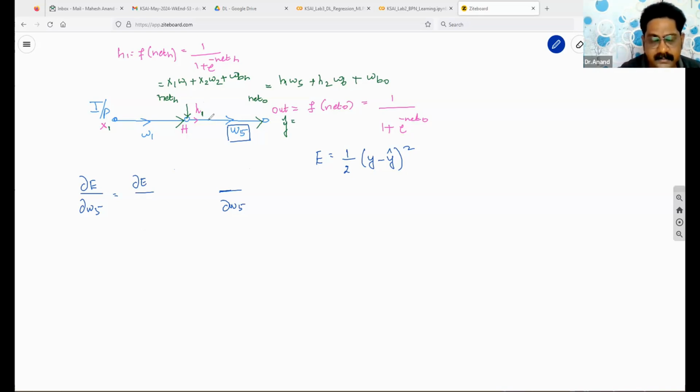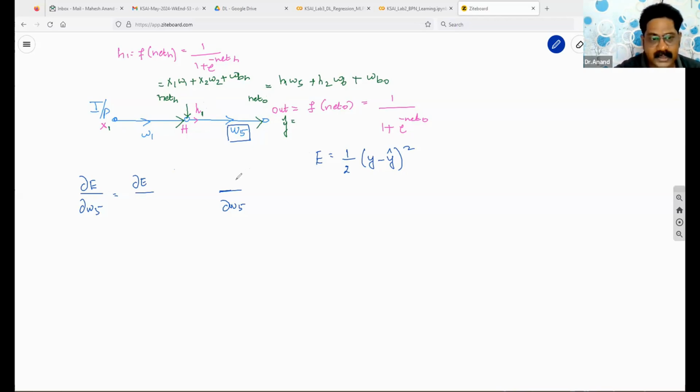What is the immediate term W5 gets impacted with? First, we are going to see how W5 impacts the net value, isn't it? Because W5 is responsible to produce the net value. Then only the net value is responsible to produce the output. Then your output Y cap is responsible to produce the required error, right?